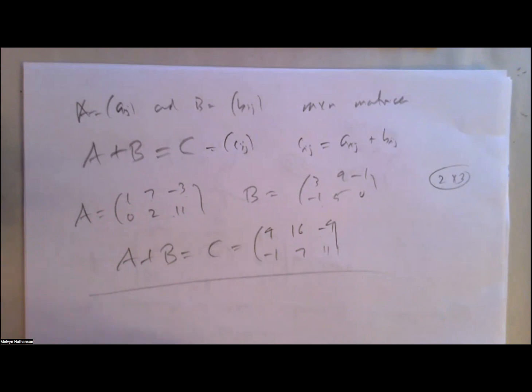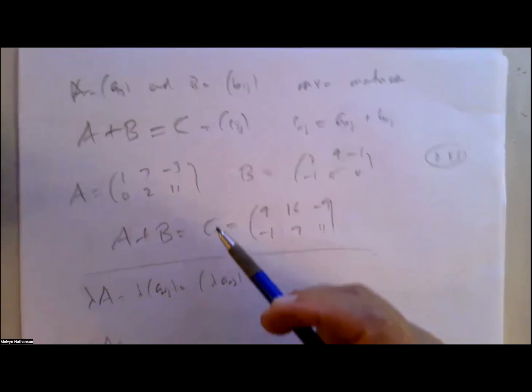And you can also multiply a matrix by a scalar, lambda times A, where lambda is some scalar, or lambda times Aij. It gives the matrix you get by multiplying every coordinate by the scalar. So for example, what is 5A in this example?